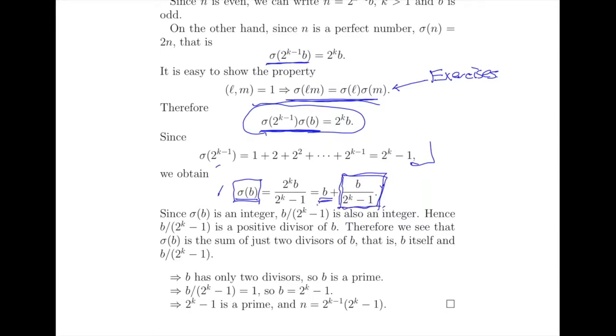That means b has only two positive divisors, which should be 1 and b itself. But this is already b. So therefore, the other divisor, b over 2 to the k minus 1, should be equal to 1. Okay?